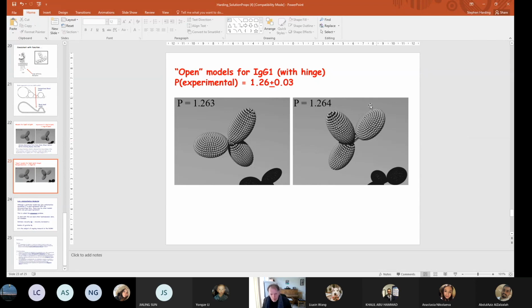The problem is that you can find some orientation of the domains which gives agreement with the experimental value. That doesn't mean the conformation is that. All it means is that you have agreement between your model value and the experimental value.